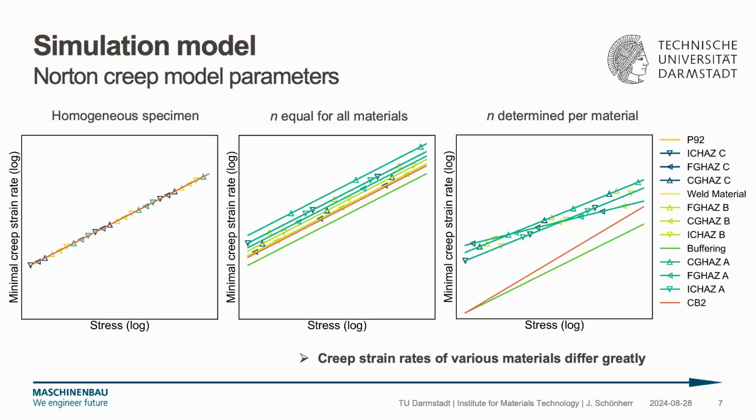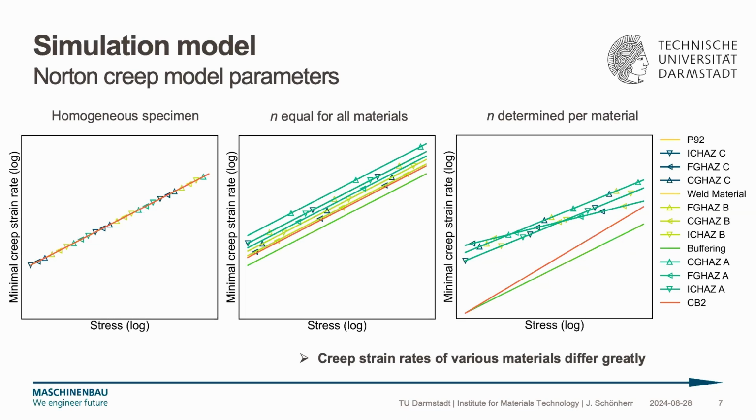I checked 3 different models. For the first model, I just used one material, so it's a homogeneous specimen where all methods to obtain the C star integral are strictly applicable. For the second one, in the middle, the Norton exponent is constant.